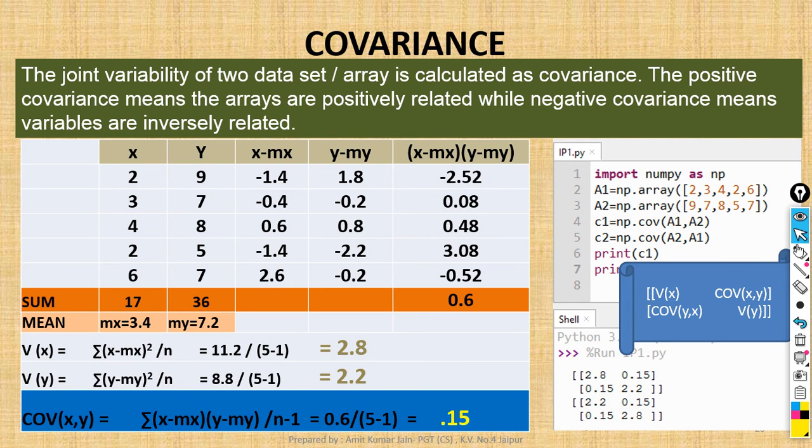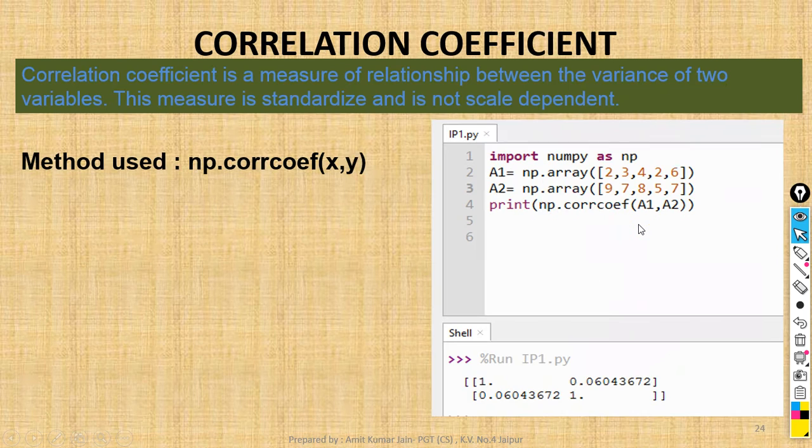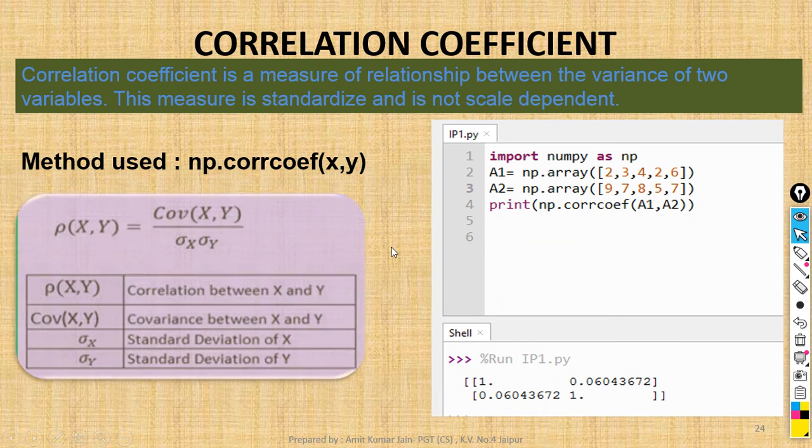Now we'll see how to calculate the correlation coefficient. Correlation coefficient is a simple measurement of the relationship between the variance of two variables.